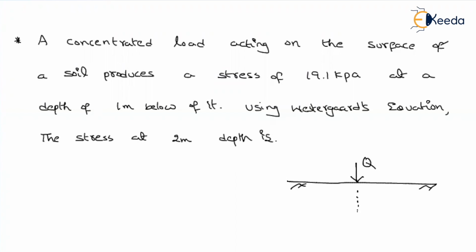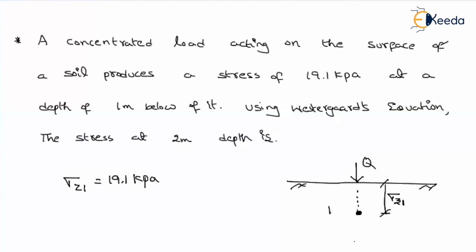Because of that force, the point 1 meter below it, I am representing with sigma Z1. The stress at a depth of 1 meter below the load is equal to 19.1 kilopascal.